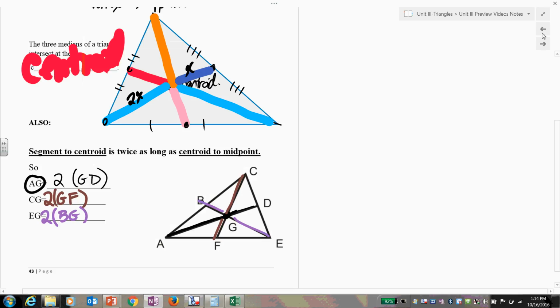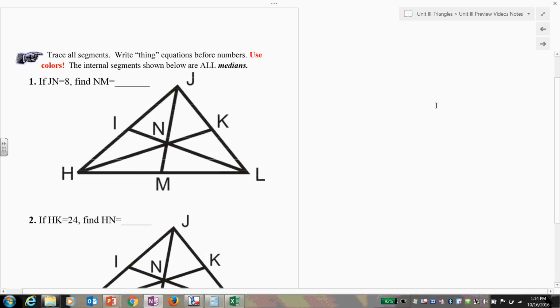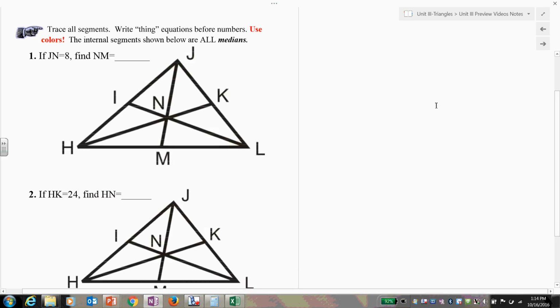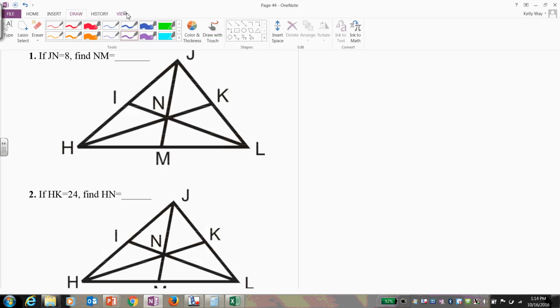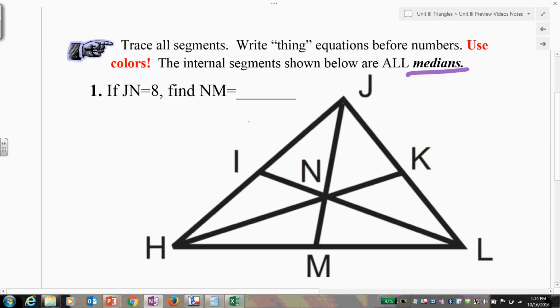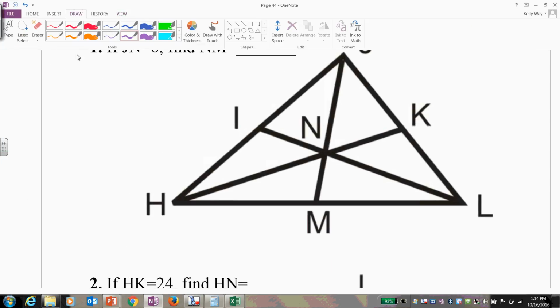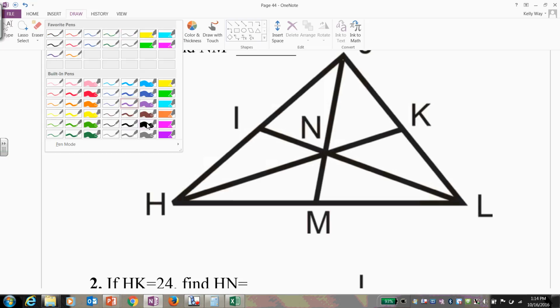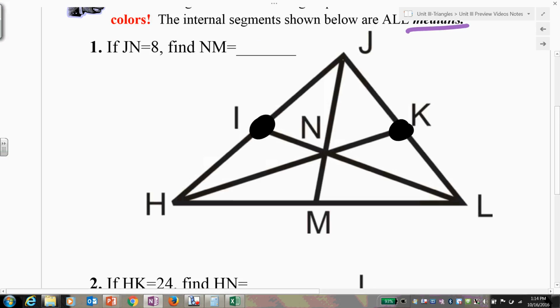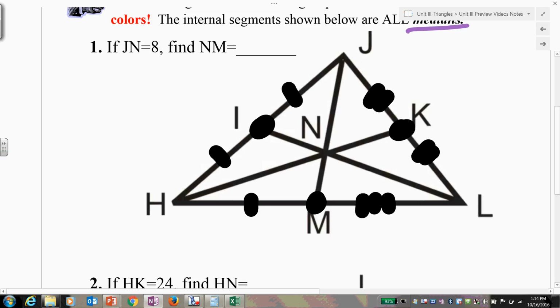Now we're going to use this thing equation to solve here. Ready? All three are medians, so let's put our hatch marks in here in this triangle. One hatch mark, two hatch marks, three hatch marks.